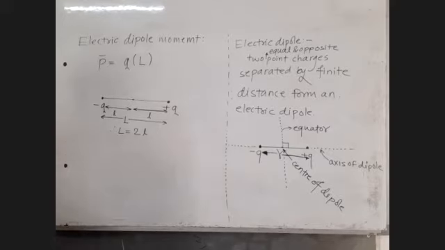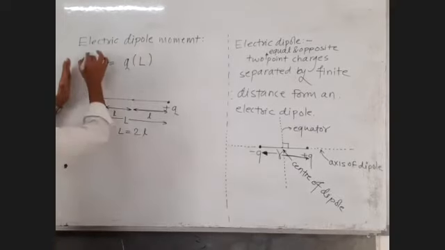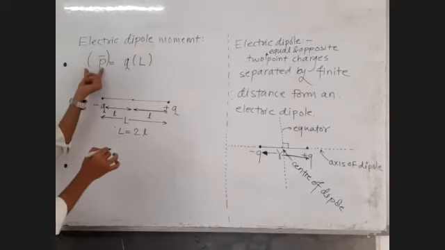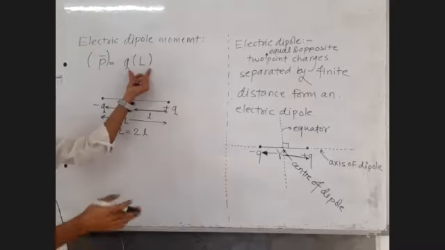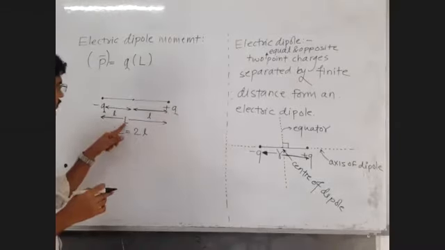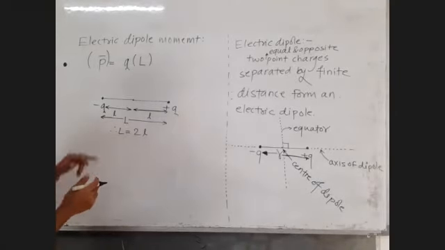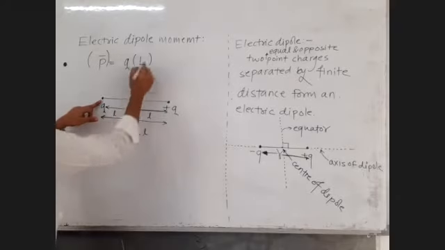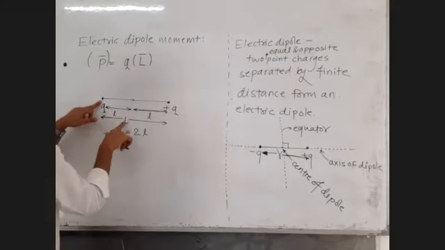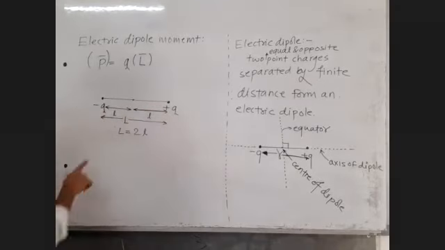Electric dipole moment is a vector quantity. Sir, on the left hand side you have written the vector, so on the right hand side there must be a vector. It means this length should be a vector. Yes, for the time being we have to assign some direction. The direction of this length vector L bar is always from negative to positive charge, from negative pole to positive pole.